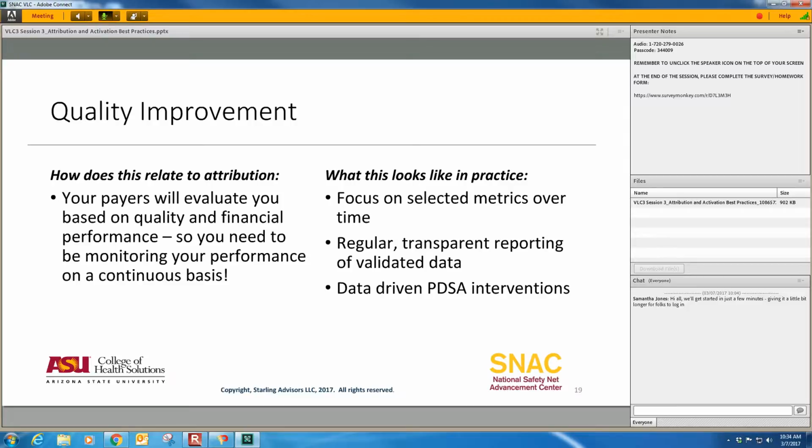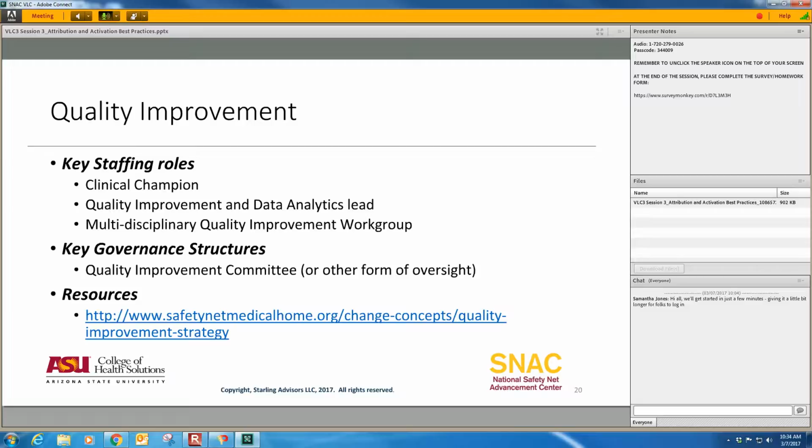in a data-driven approach. The key staffing roles here are, again, a clinical champion to really lead this role, your quality improvement and data analytics team, regardless of how many or few they may be. And this is where I think it's really valuable to have a multidisciplinary work group that has representation from folks beyond just your clinical folks, as I think you can end up overly relying on them here.